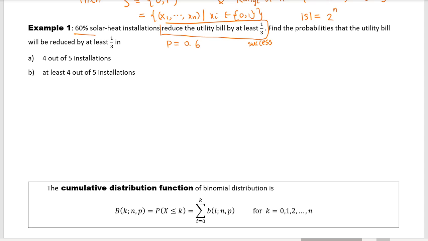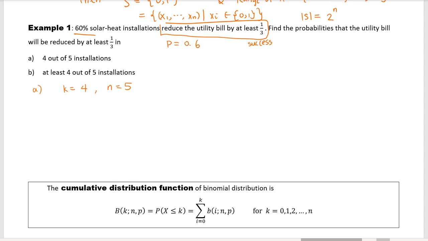All right, let's look at part A. 4 out of 5 installations. So it's like we have 4 successes in 5 trials. K is the number of successes, which is 4. N is the number of trials, which is 5. And P is 0.6.